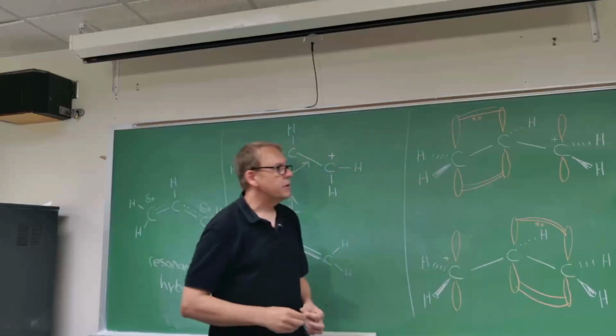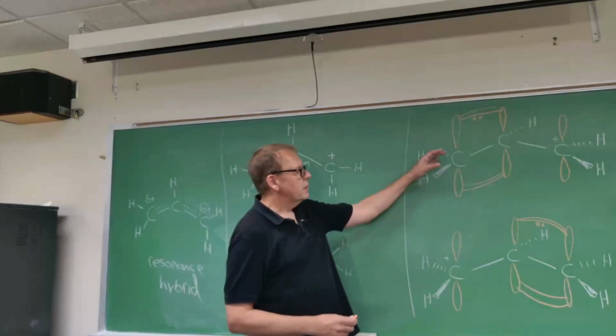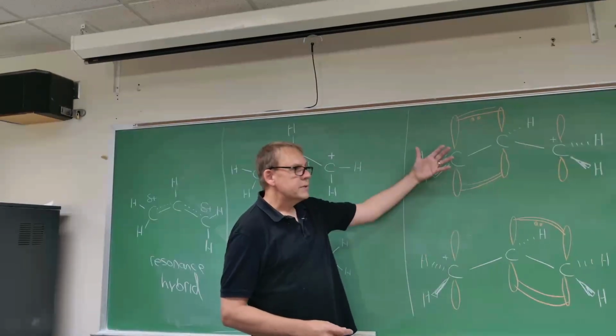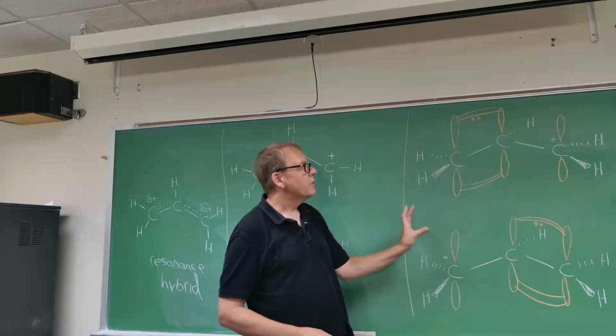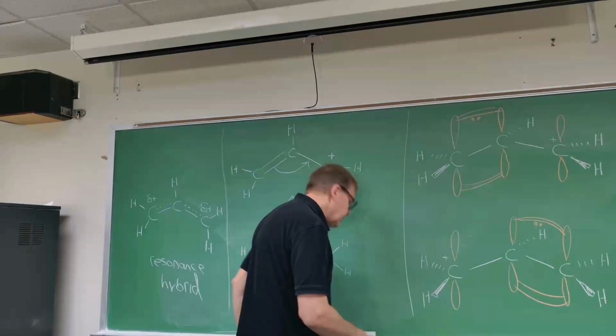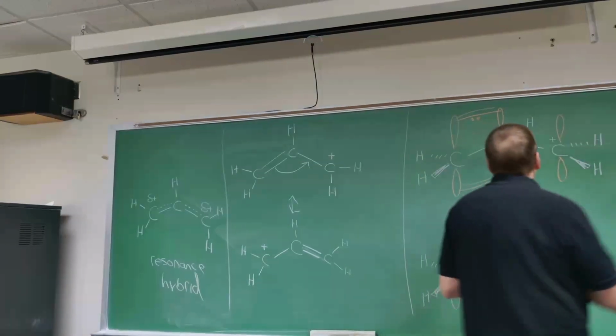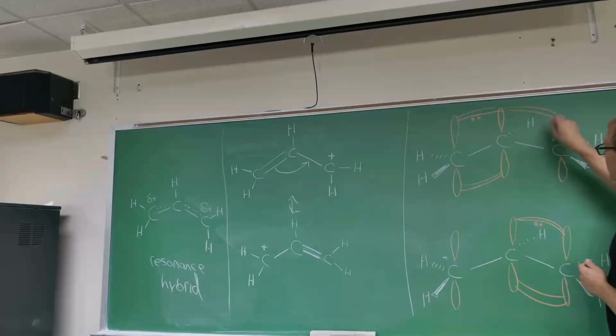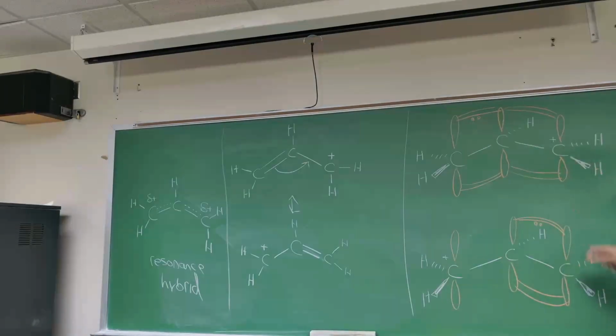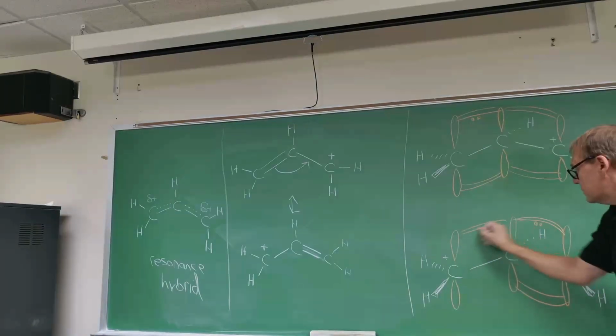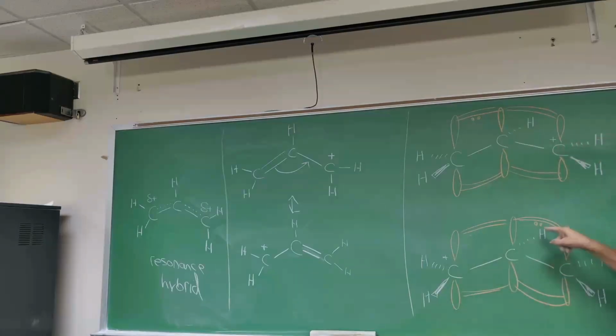And now what I'm going to tell you is it's not like this one some of the time and that one some of the time. You get overlap between all of the orbitals all the time. So really the picture of this molecule is like this, where there's 2 pi electrons, 2 electrons in the overlapping p orbitals that are shared across the 3 atoms.